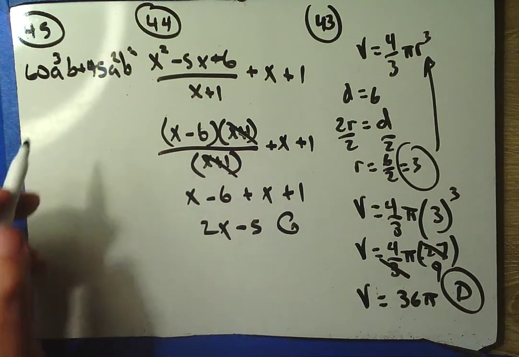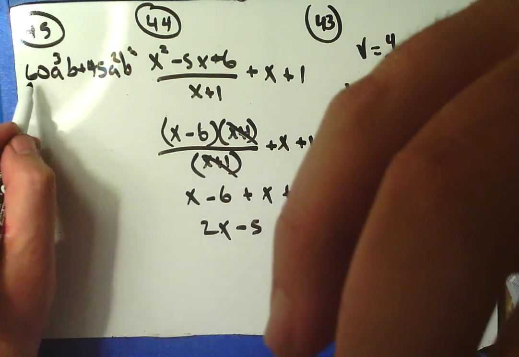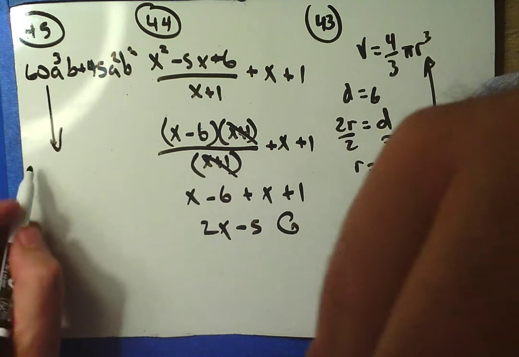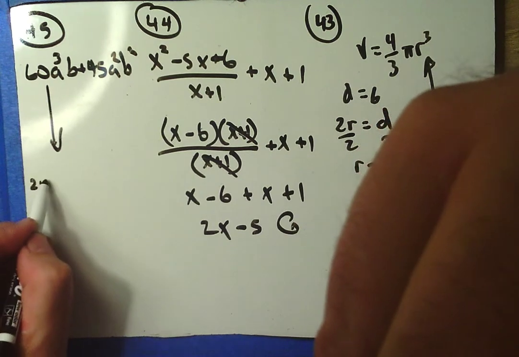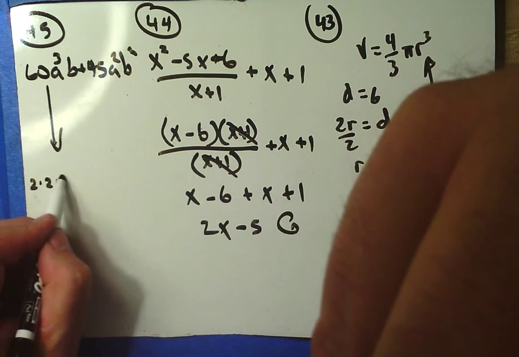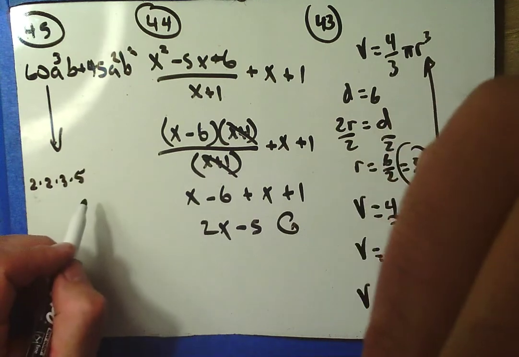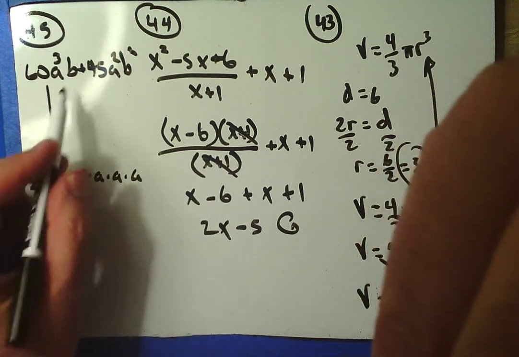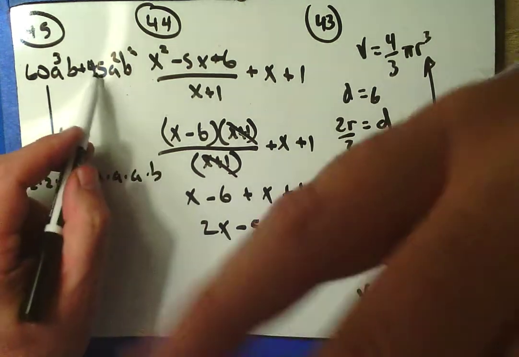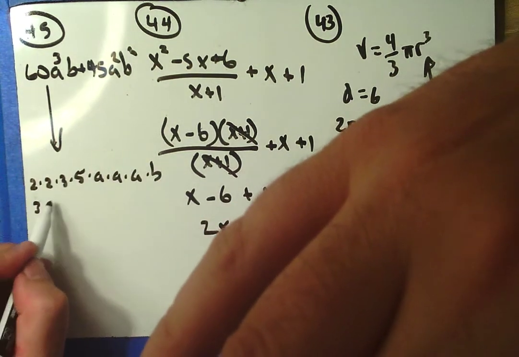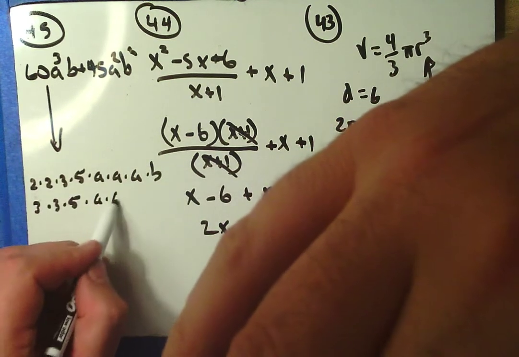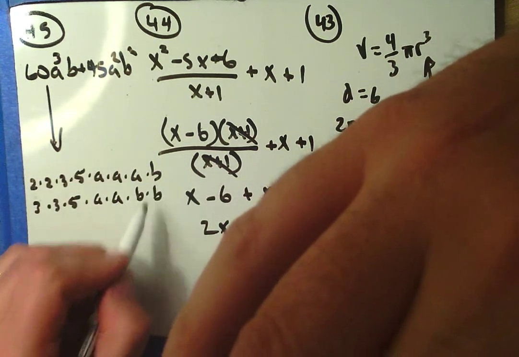Well, you know, if you're not sure, you could always do this. You could always say 60 is 2 times 2 times 3 times 5. A to the third is a times a times a, b. And then 45 is 3 times 3 times 5, a squared, b squared.